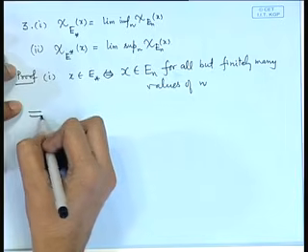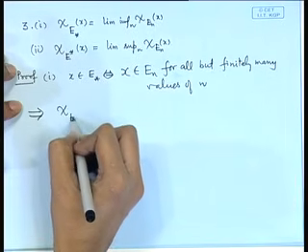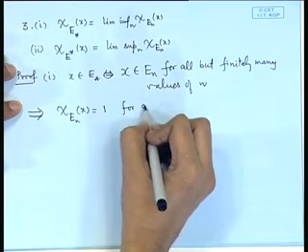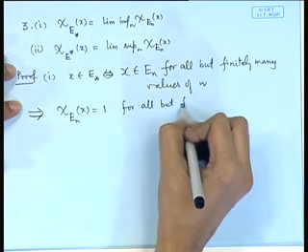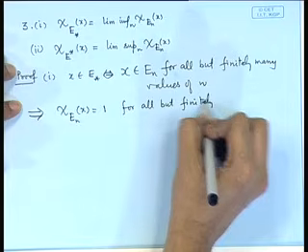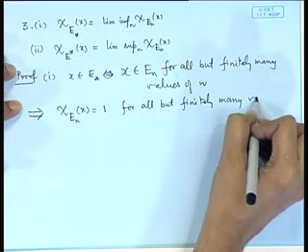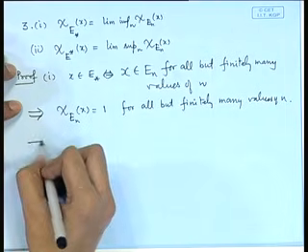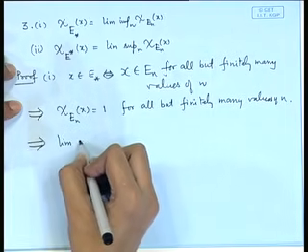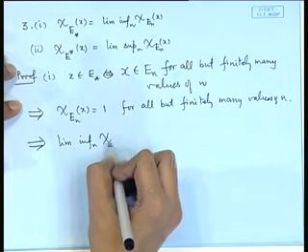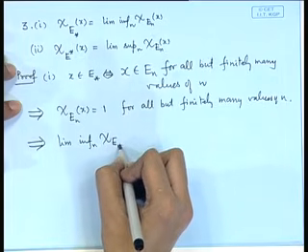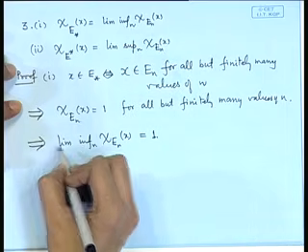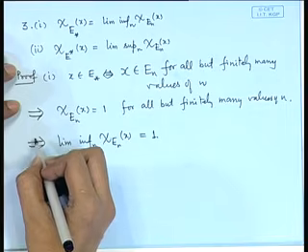This implies that the indicator function of the set E n is 1 for all but finitely many values of n, which is equivalent to the statement that the limit infimum of the indicator function chi E n of x is equal to 1, and these statements are both if and only if.